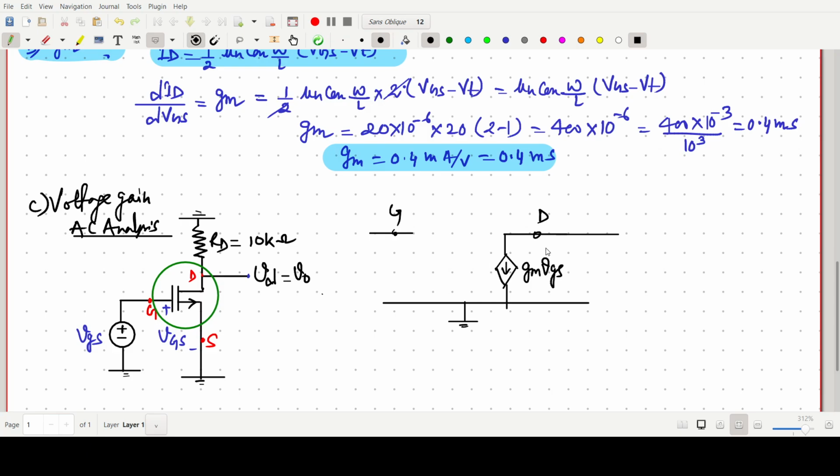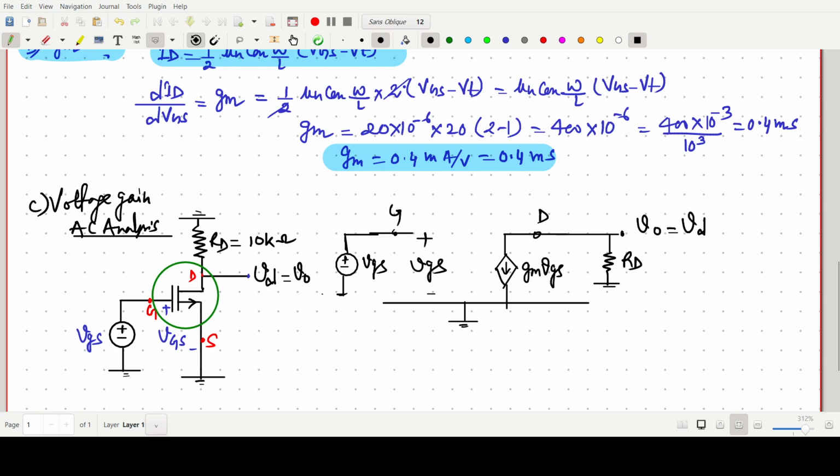And drain, no need to put r naught because channel length modulation is neglected, and from this RD will come here, RD, and this one is our V naught, or sometimes we can say the VD, okay. And this value will be VGS, and this one is the plus and minus, this one is also the VGS, okay.